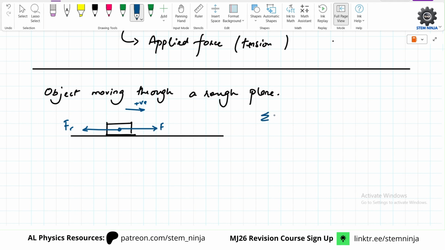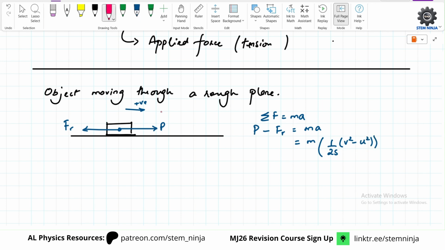So we would do the same thing. Sum of forces is equal to ma. Let's call this force P, for example. P minus Fr equals ma. And a, again, we can write it as (v squared minus u squared) over 2s.